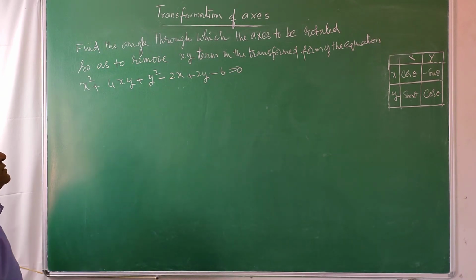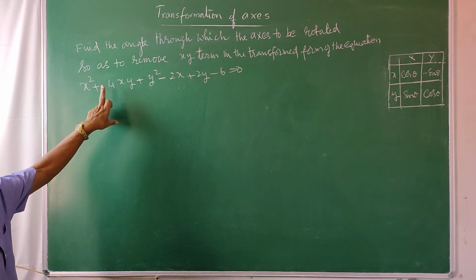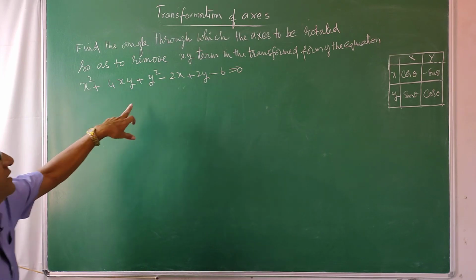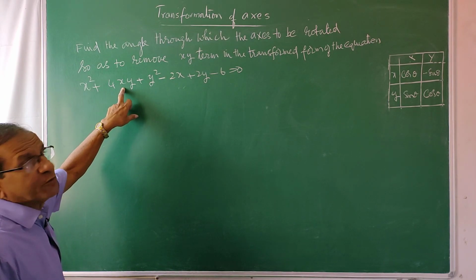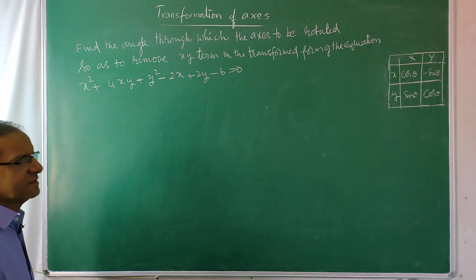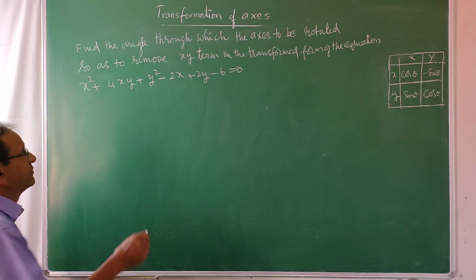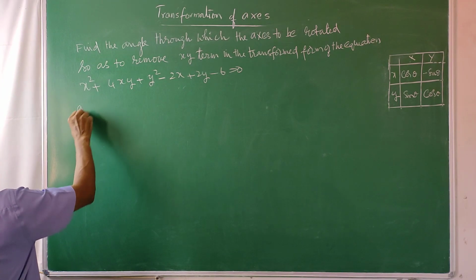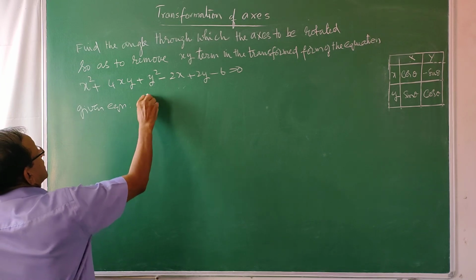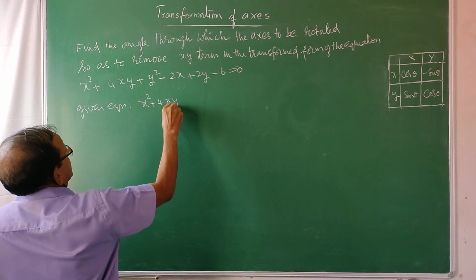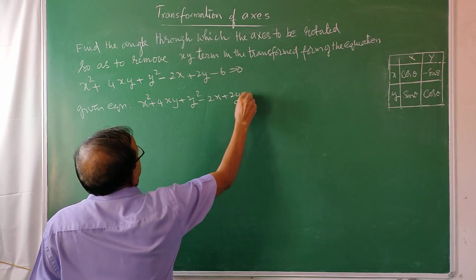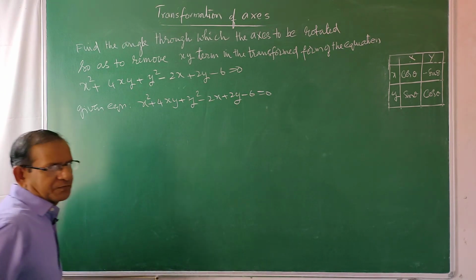Now see this question. Here, what is the angle of rotation so that the xy term is to be removed in the transformed form of this equation? For that purpose, we have to find out theta. Given equation, x square plus 4xy plus y square minus 2x plus 2y minus 6 is equal to 0.